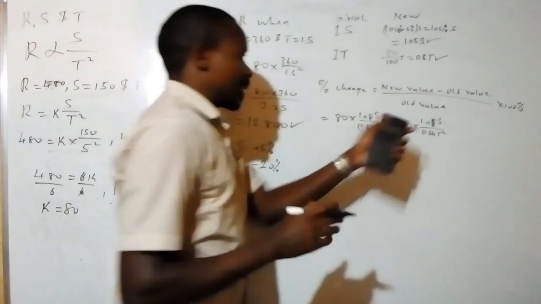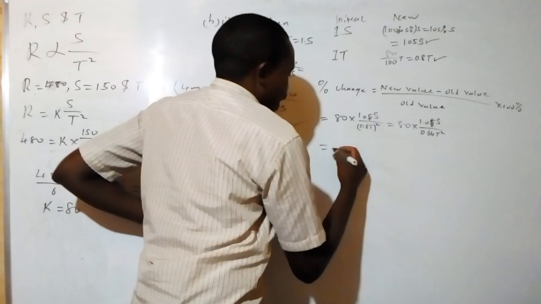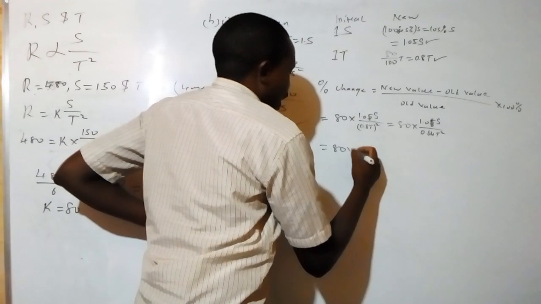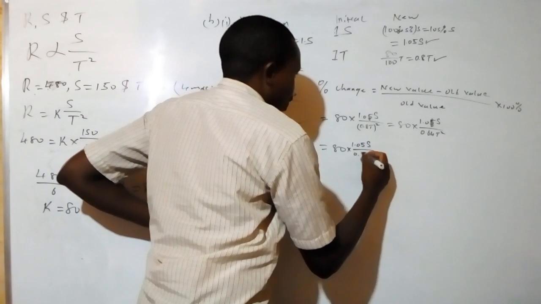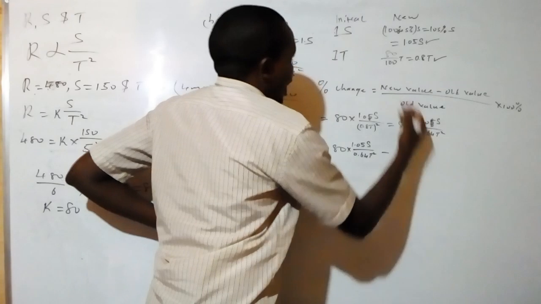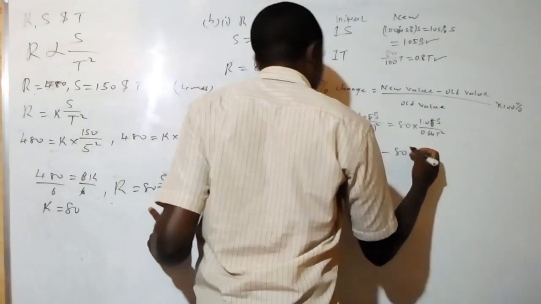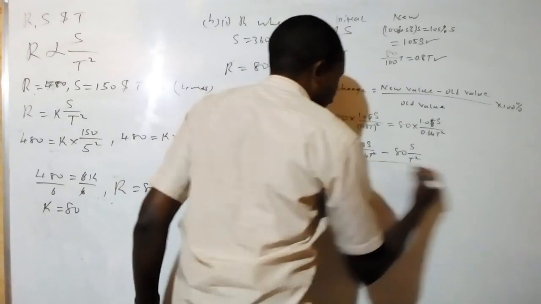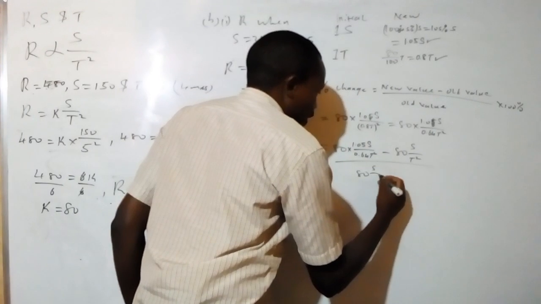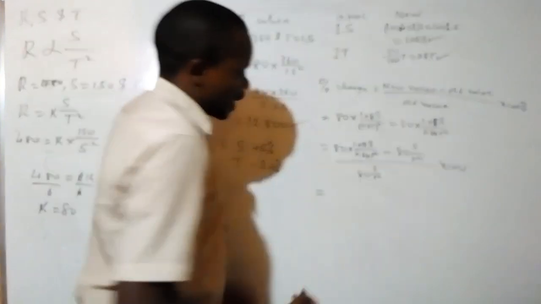Now you can substitute. New value is 80 times 1.05 S, all over 0.64 T squared, minus initial, this is the initial, 80 S all over T squared, all over initial 80 S over T squared, times 100. The next step you are supposed to take outside the bracket what is common.